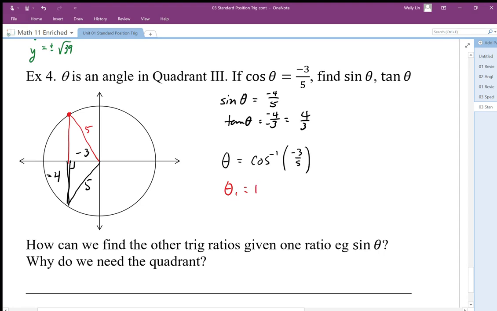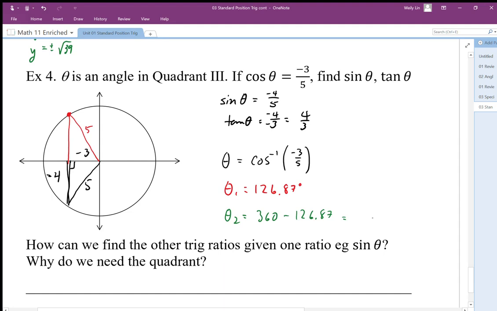It was 126.87 degrees. This is a wrong one. This does not match quadrant 3, so I'm going to have to use some symmetry to get the other angle. I know that's 126 degrees from 0 to the right, so I need to go backwards from 360. So my theta 2 angle is 360 going backwards, theta 1.